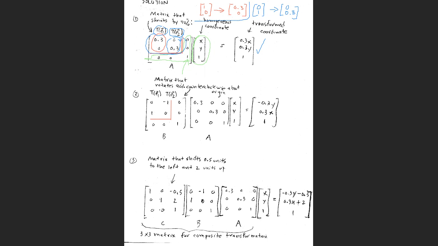If you were to take 1, 0, that point, and rotate that 90 degrees counterclockwise about the origin, that point would get moved to 0, 1. And that's therefore that part of the transformation matrix.